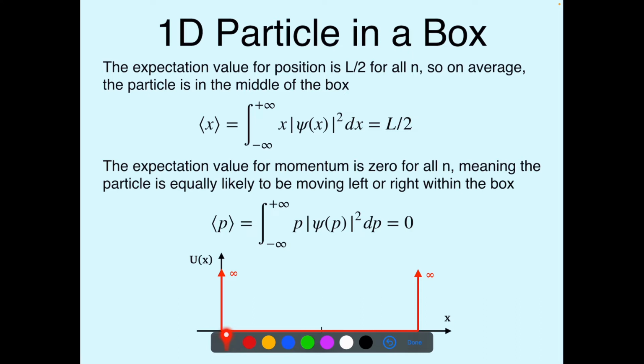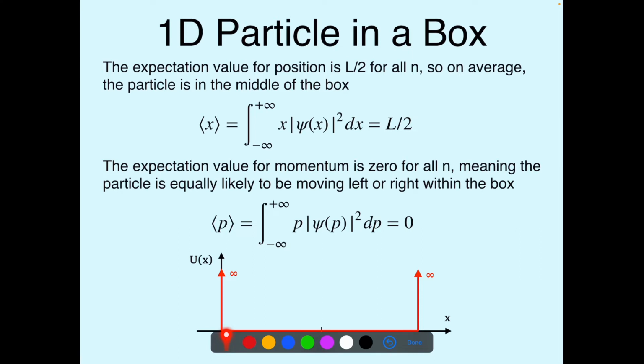We can also do the expectation value for momentum. And this is what we call ⟨p⟩, with the brackets around it. So we can calculate this by taking the integral from minus infinity to infinity of p times the square of ψ(p), this is the momentum space wave function, times dp.